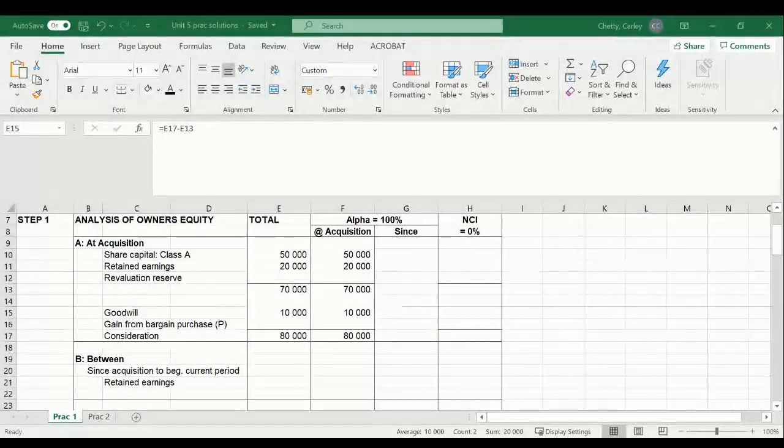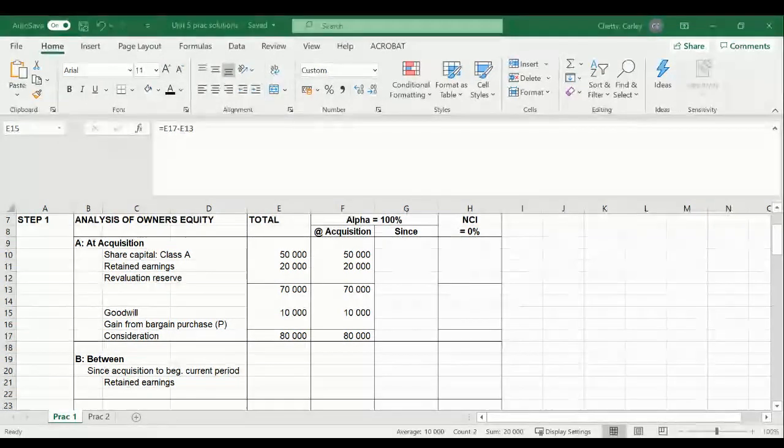Okay, so here you can see that I have unhighlighted the answers. Let me just zoom in a bit. So here, remember we discussed how much was paid. So we said that Alpha paid 80,000 to acquire Beta.